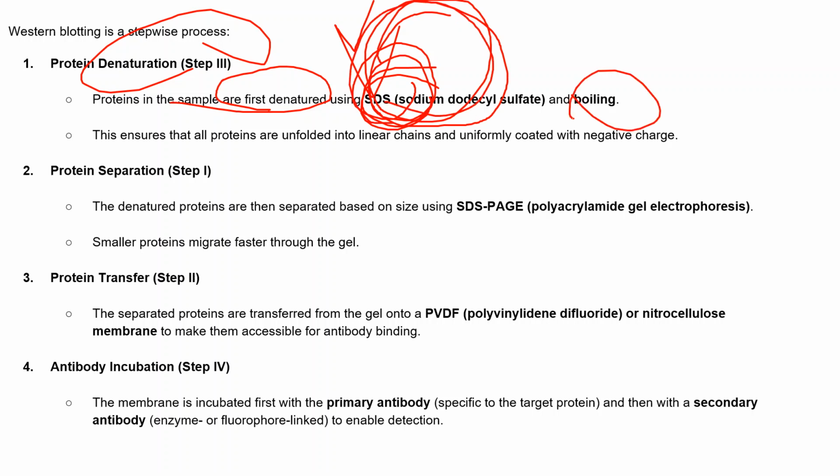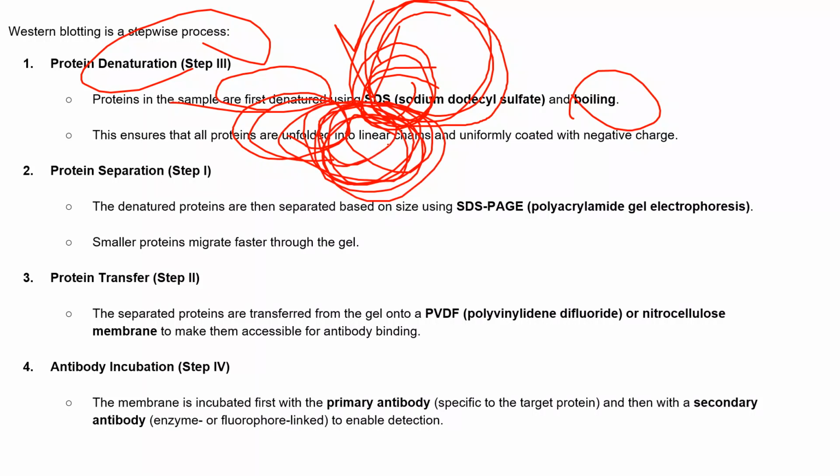And boiling means that we have to do this denaturation step at 95 degrees Celsius, so that all the proteins come into the unfolded state, because we know that proteins fold at a very optimum pH and optimum temperature. If we give a very high temperature, then all of the peptides will convert into linear chains. They will not have the quaternary or tertiary structure. All the quaternary, tertiary and secondary structures will convert into this linear chain. And why is this linear chain important?